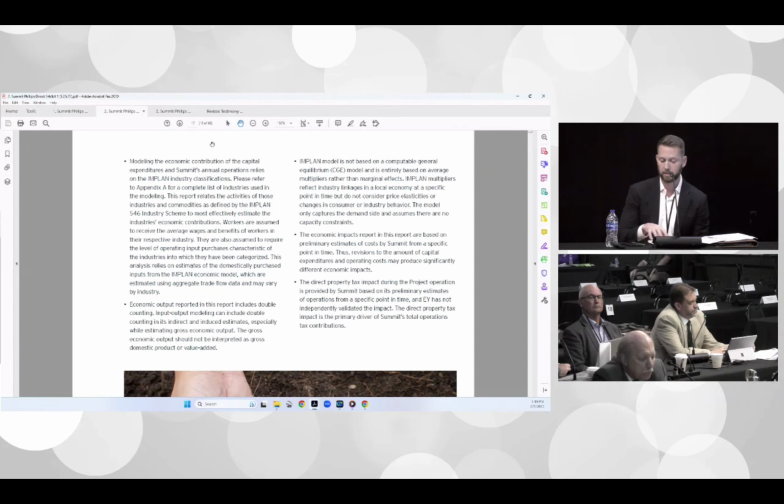Our model and all of these models assume an average for the industry, right? So, to the extent we are modeling the purchase of steel pipe, we're using the average output per worker and other average industry characteristics for the steel pipe industry because we don't have any other information. Now, were there to be a significant expansion of the steel pipe industry, it's possible those ratios could look different.